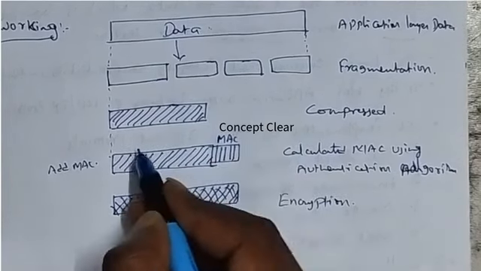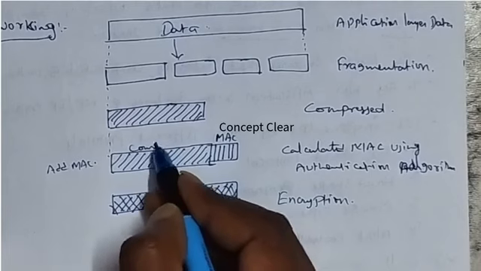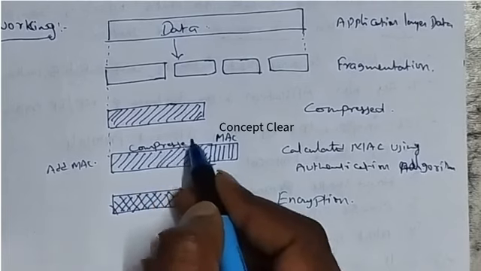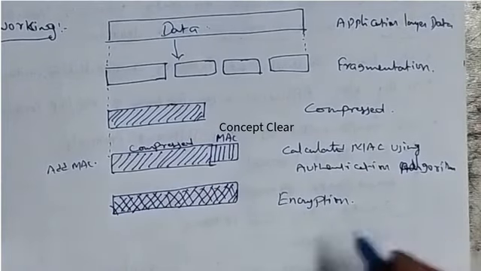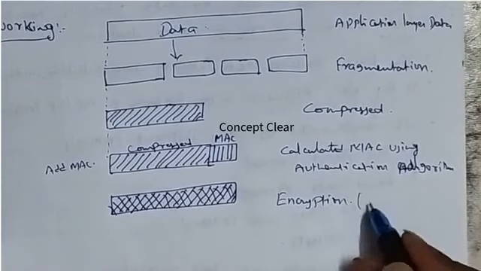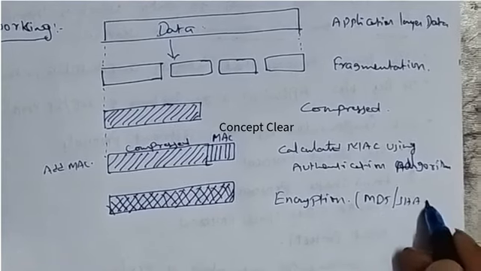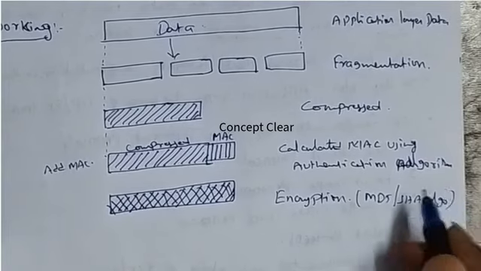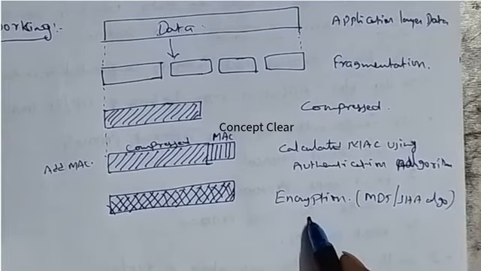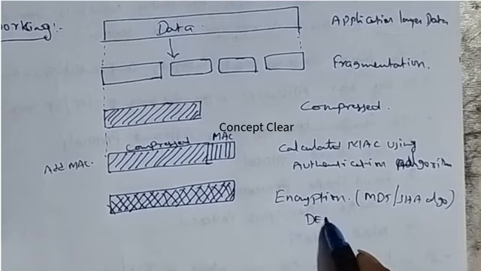This is the compressed data and MAC data. How will it be encrypted? By using MD5 or SHA algorithm, the data will be encrypted. It can also use the DES algorithm.